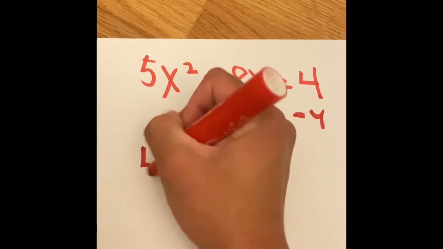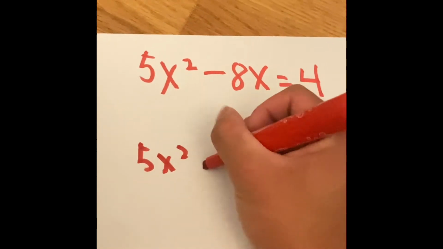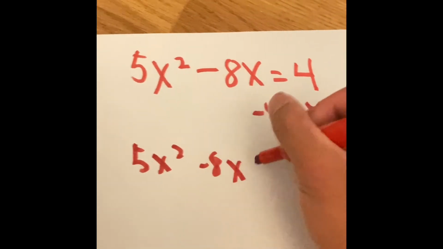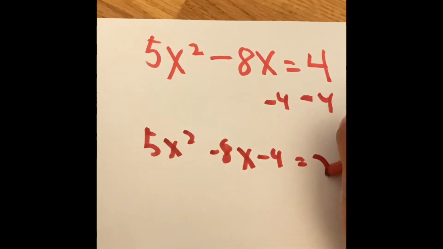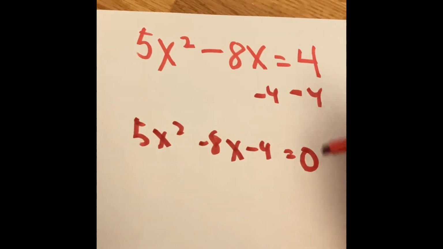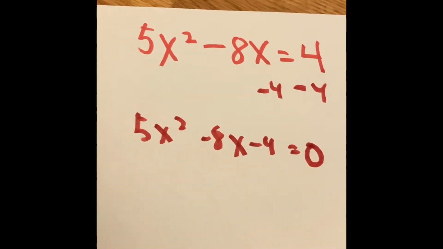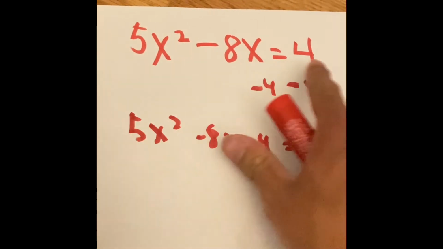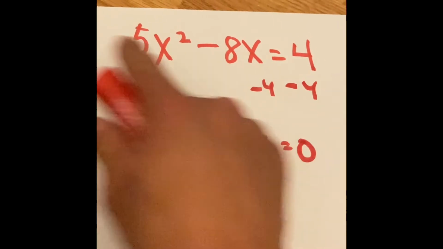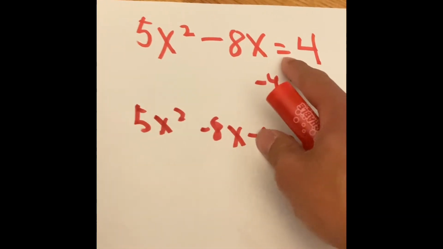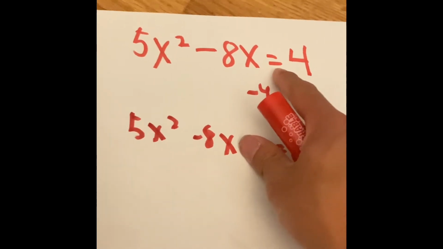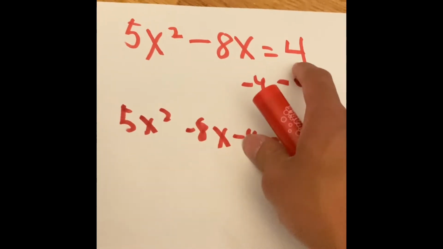So now we have 5x squared minus 8x minus 4 equals 0. When you do your first two steps, always make sure that when you divide, you have everything on the left side of the equal sign. Then you can return it back to normal.